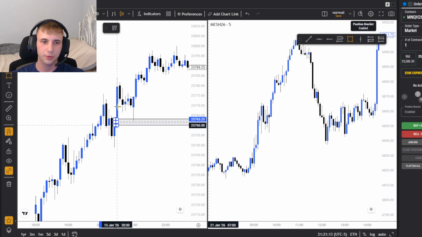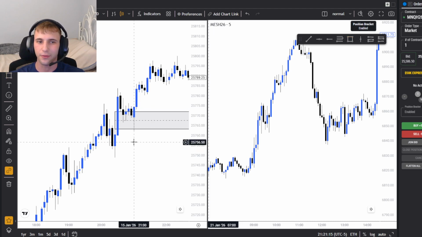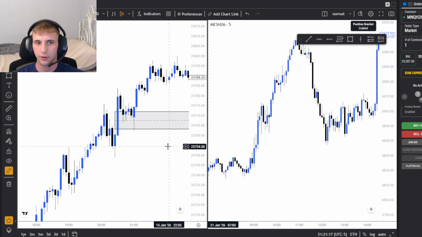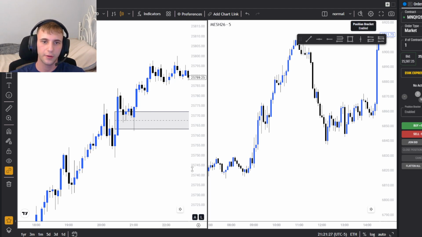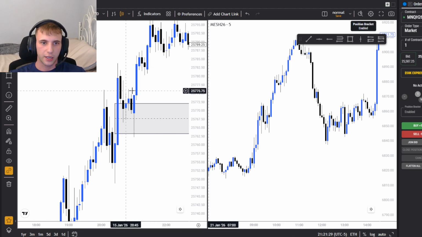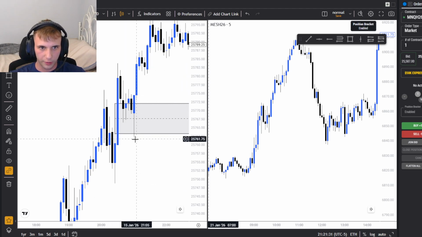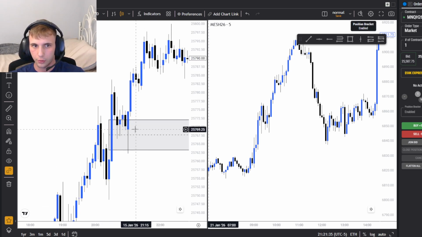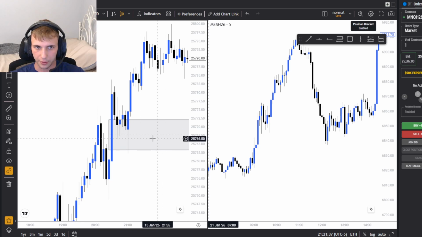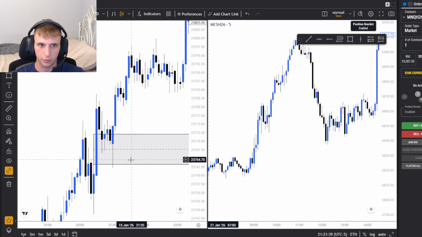And again, take this with a very thin grain of salt, because this is one of those things where you shouldn't think too hard about it. This is just something cool I noticed in price. Here, this fair value gap, sure, did we wick all the way past this gap? Yeah, but we never closed below this 50% line.